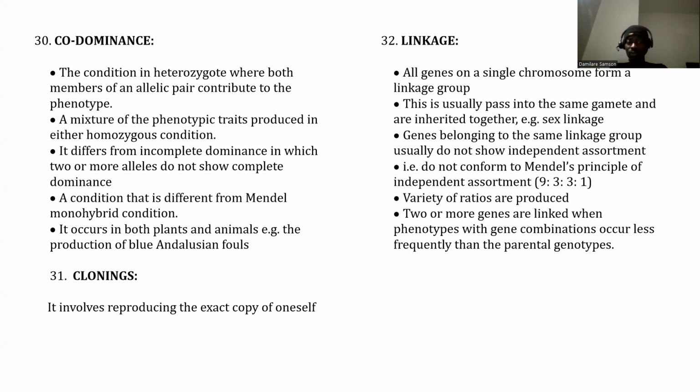So it is the condition in heterozygous where both members of an allelic pair contribute to the phenotype. That's just what I finished explaining now. Remember, we have complete dominance, which is heterozygous too.